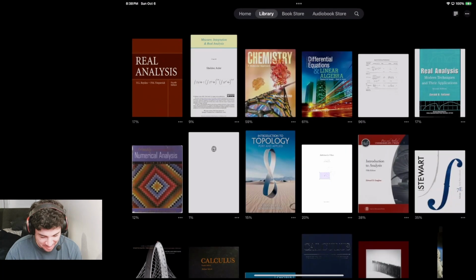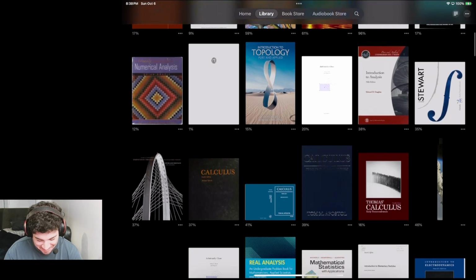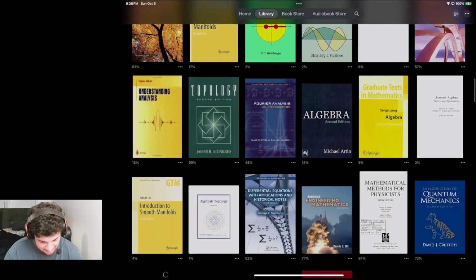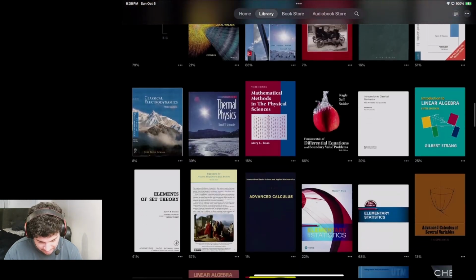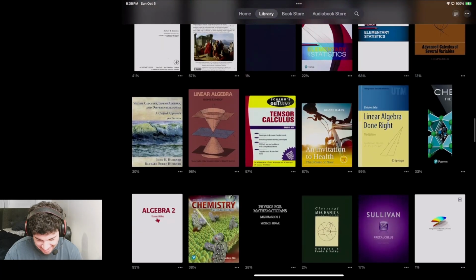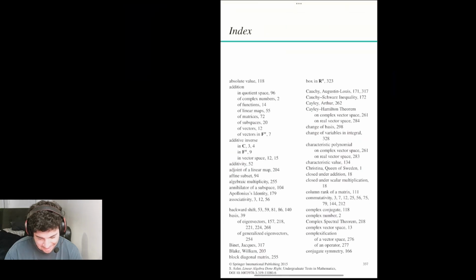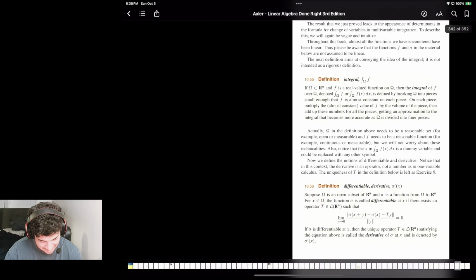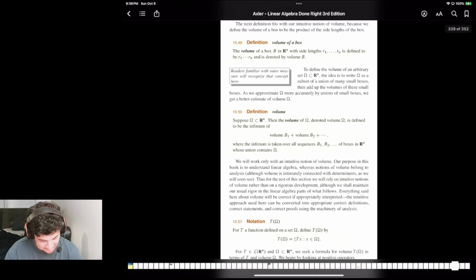I think you guys are probably familiar with Axler's other book. It's very famous, or at least it is where I'm from: his linear algebra book. Where is it at? This one right here. I have the older edition, but he just released the newer one. I think this book is really good too.